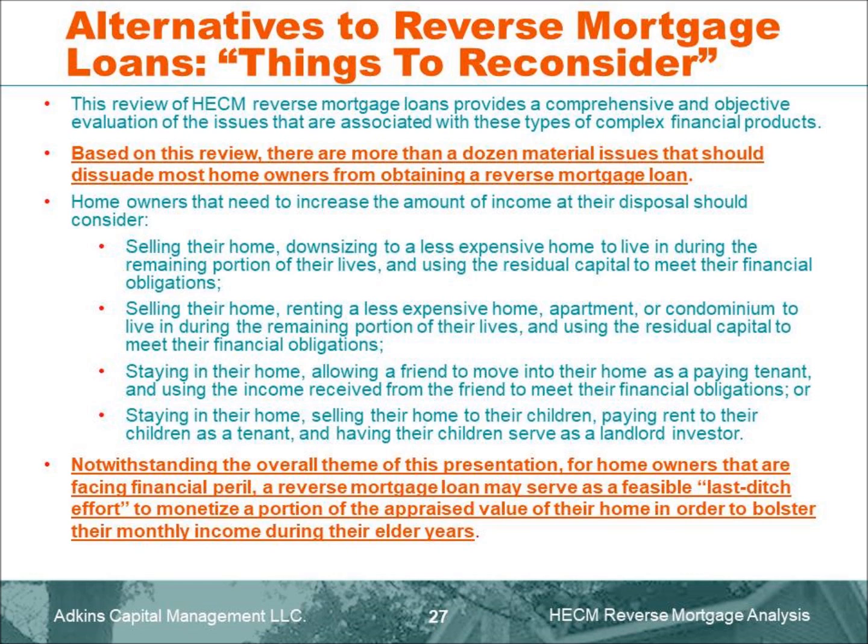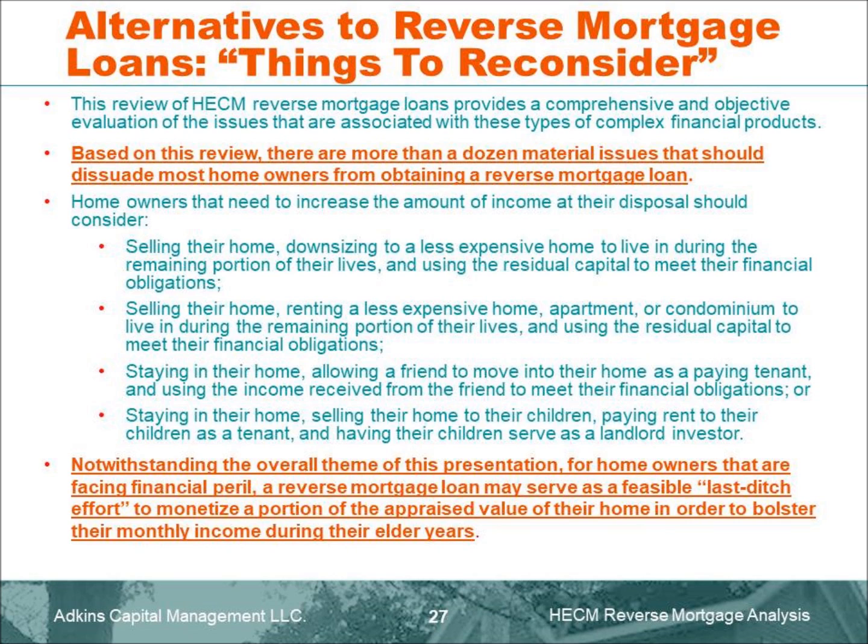A second option would be selling their home, renting a less expensive home, apartment, or condominium to live in during the remaining portion of their lives, and using the residual capital to meet their financial obligations.